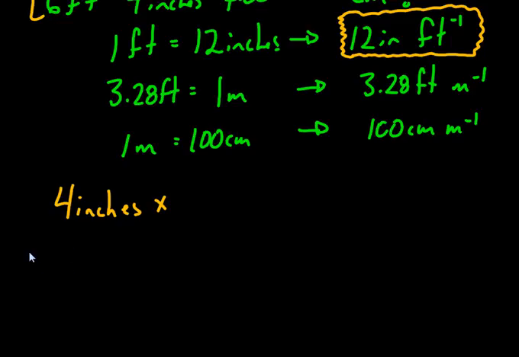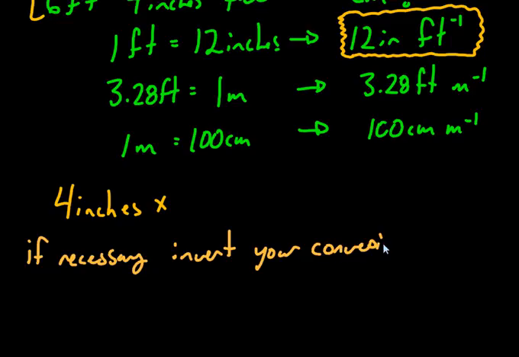Okay, so I'm going to write a little note. If necessary, invert. So mathematically invert your conversion factor. So what do I mean by that? Well, I'm going to take this, I'm going to write it on here. I'm going to say 12 inches per foot, but I'm just going to leave that off for a second.